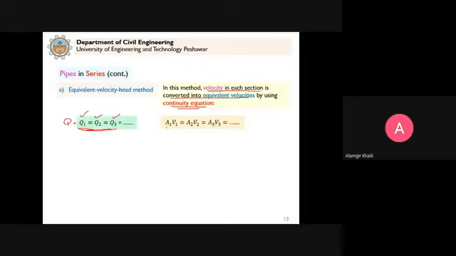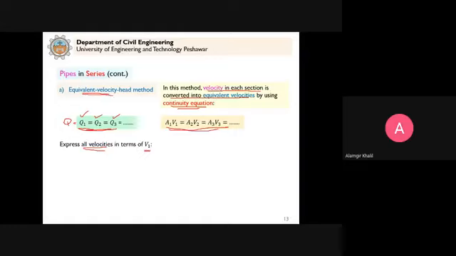Now from continuity, what we can write down is that A1 V1 is equal to A2 V2 is equal to A3 V3. Now from here, we will express all the velocities in terms of, let's say, V1, clear? So this will be the equivalent velocity.